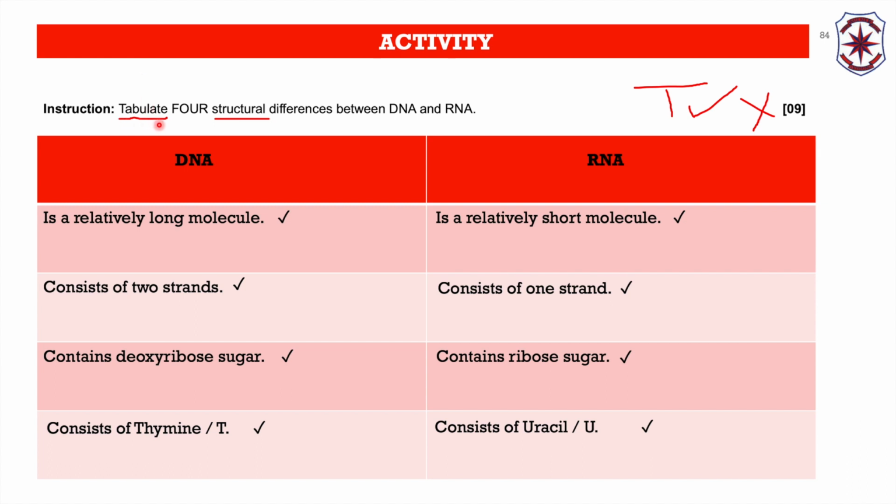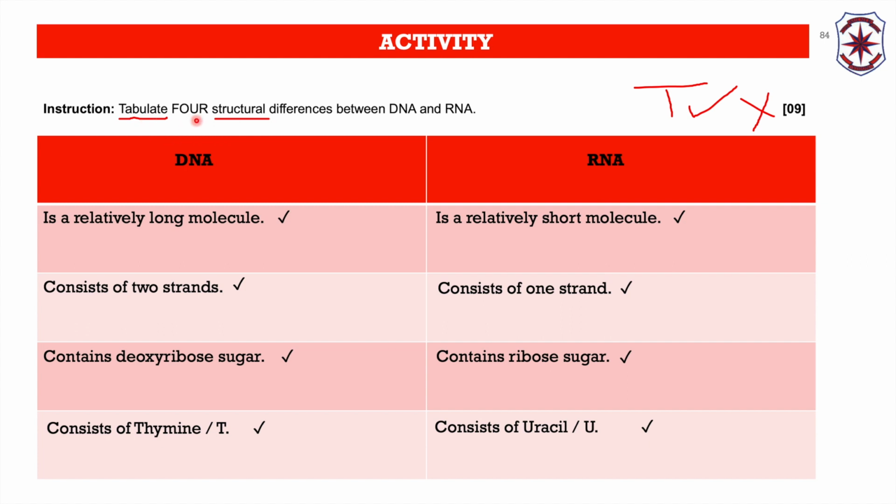The instruction says tabulate. So if you put it in a table, you get 1 free mark. But a lot of people are of the misconception that this T is for drawing the table. This T is actually for the relevant headings on each column.